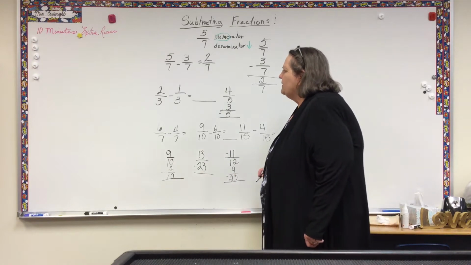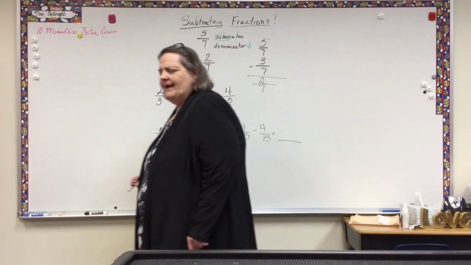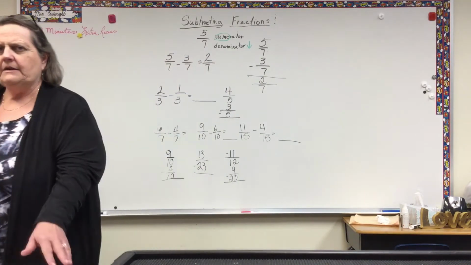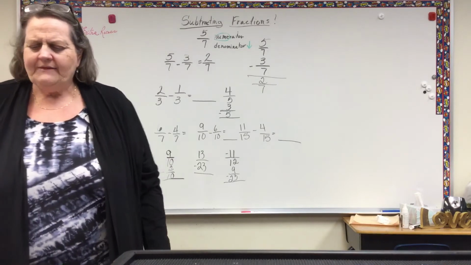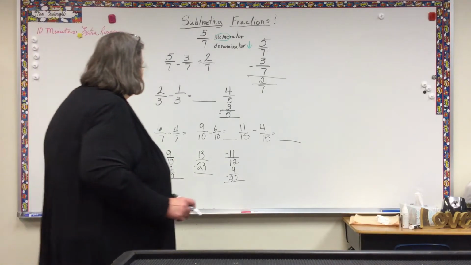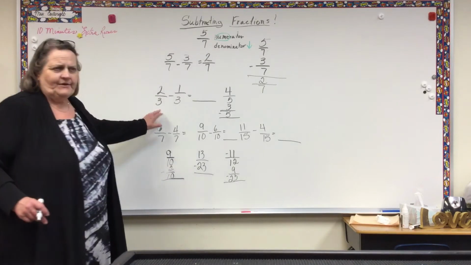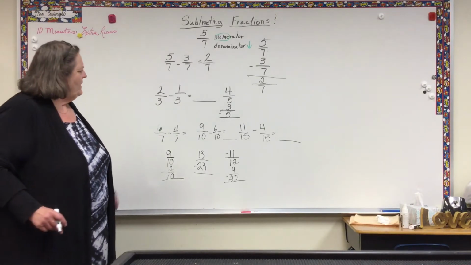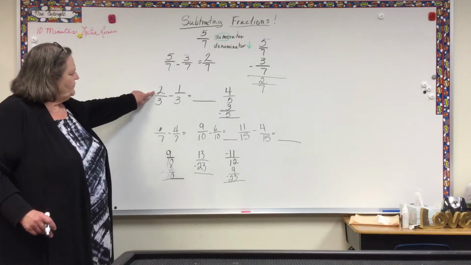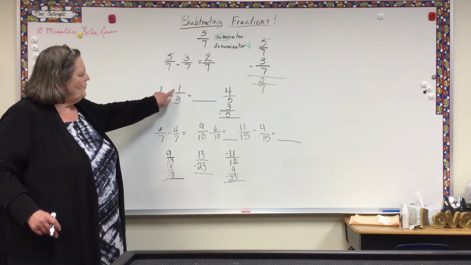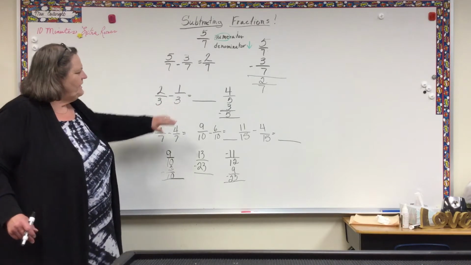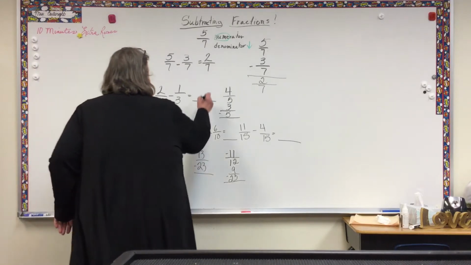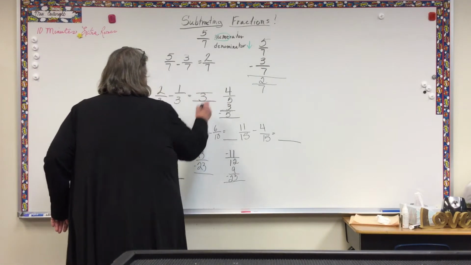Now, let's go to the first problem there. They have a little picture for you there. We have something that's divided into 3, so that's our denominator. And we're talking about 2/3 minus 1/3. Well, I remember that I just bring my 3 over here, like this.